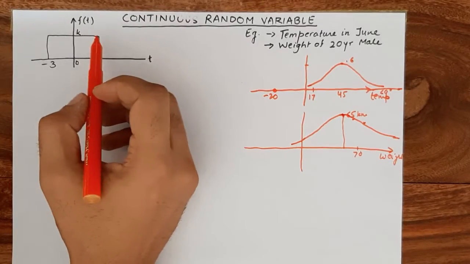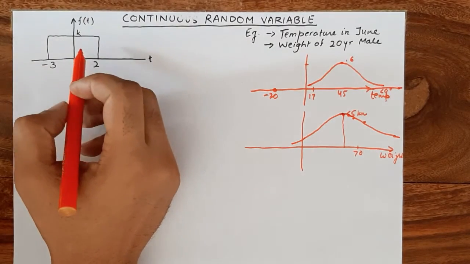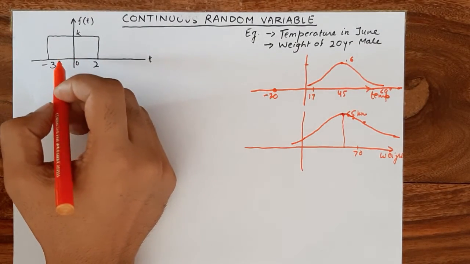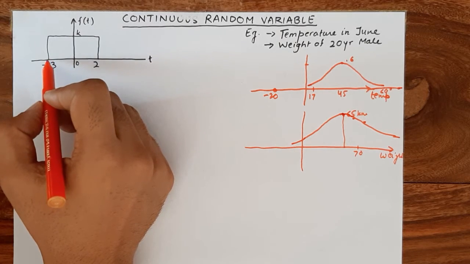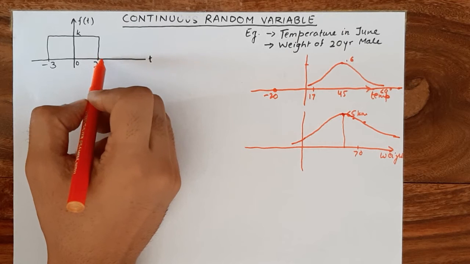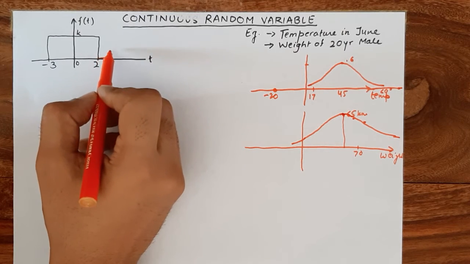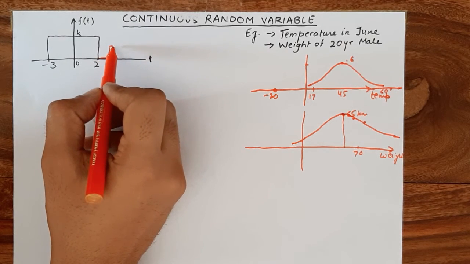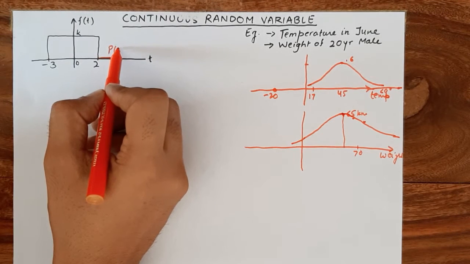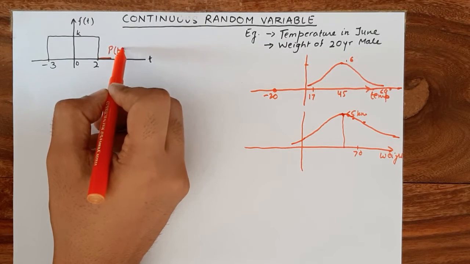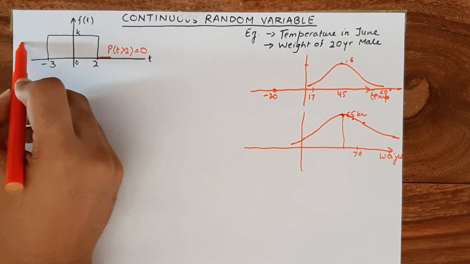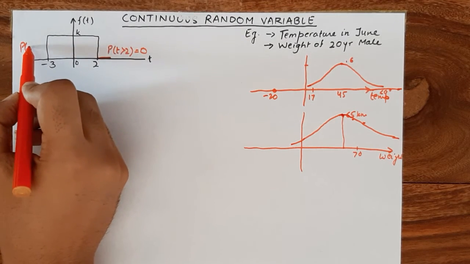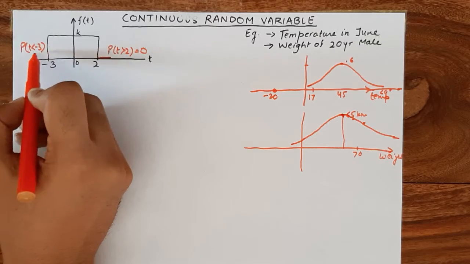Now, this function is also a continuous function because it has certain probabilities from the range of -3 to 2, and beyond 2 it has a probability of 0. So the probability of t greater than 2 is 0, and the probability of t less than -3 is also 0.